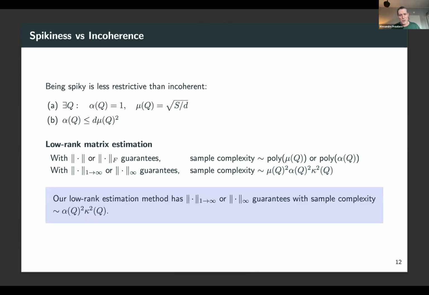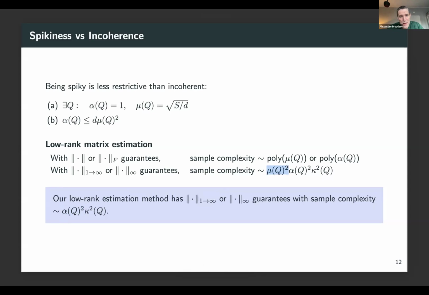So our low rank estimation method has actually a 1 to infinity or infinity norm guarantee with a sample complexity that is scaling as alpha squared kappa squared. So we were able to actually remove any dependence on the coherence of the matrix.